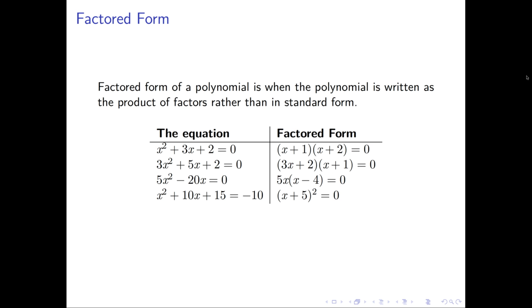Then it would be x squared plus 10x plus 25, and then you can put it in factored form, x plus 5 squared equals 0. And this equation, x squared minus 4, doesn't have an x term, but it's a difference of squares, so it can be factored, in this case, as x minus 2 times x plus 2.